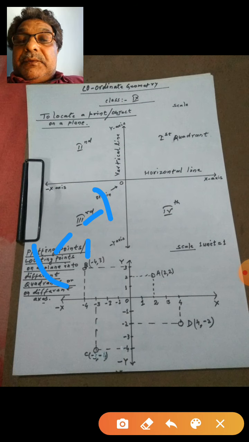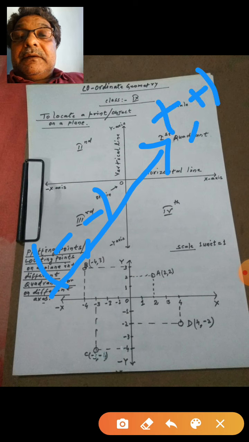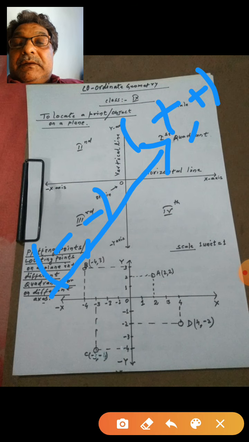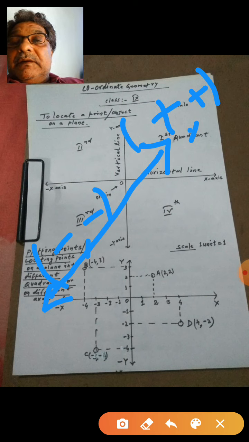And if you see diagonally opposite, there it was plus, plus. So you can remember that in the first quadrant it is plus, plus, and diagonally opposite, in the third quadrant, it is minus, minus. So the signs are the same in these two quadrants.